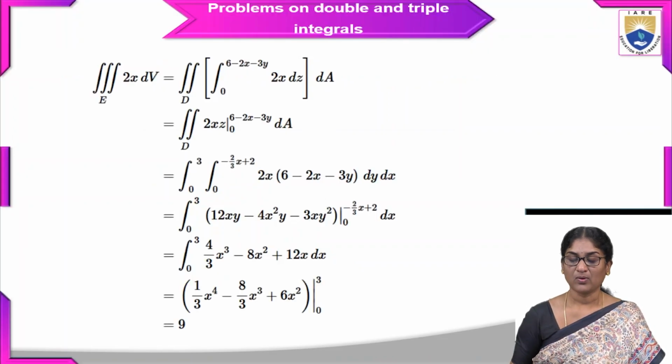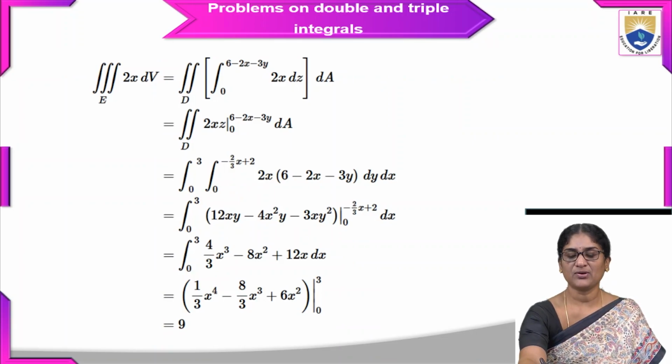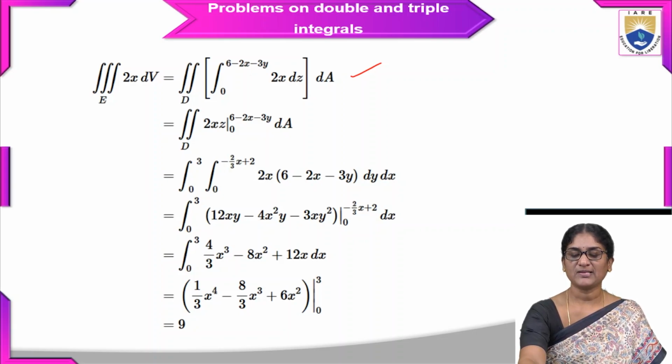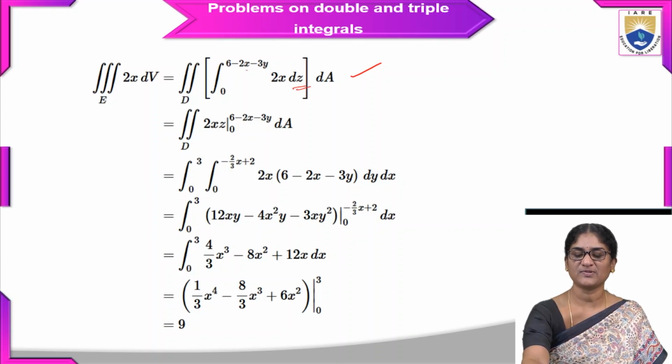So let us see what the integral becomes. The triple integral of 2x dV becomes the double integral of the integral from 0 to 6 - 2x - 3y of 2x dz dA. We do z first, because the limits are in terms of x and y.